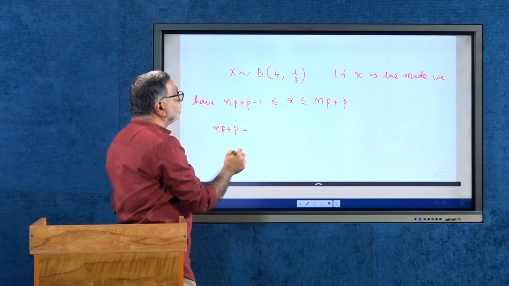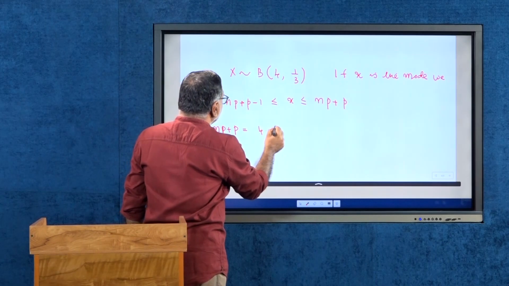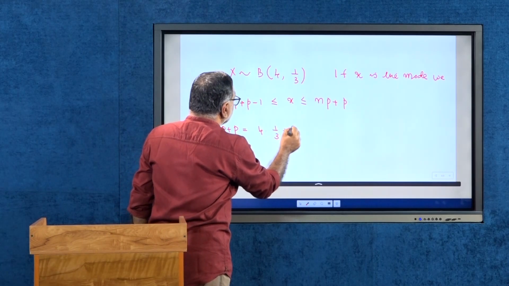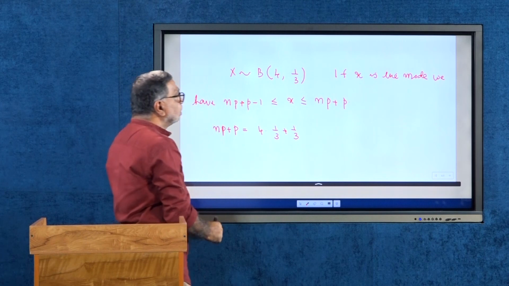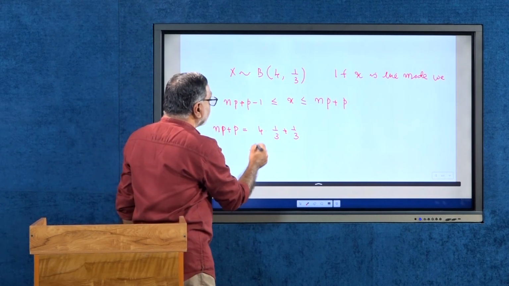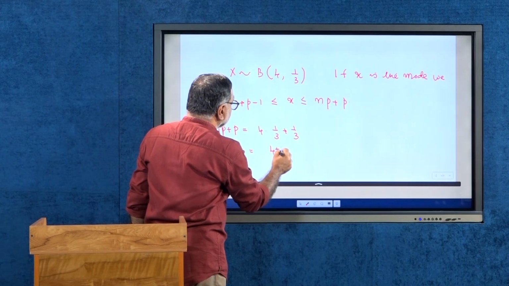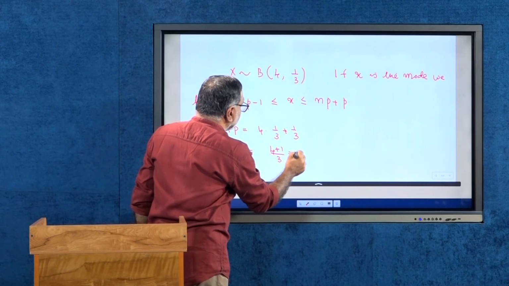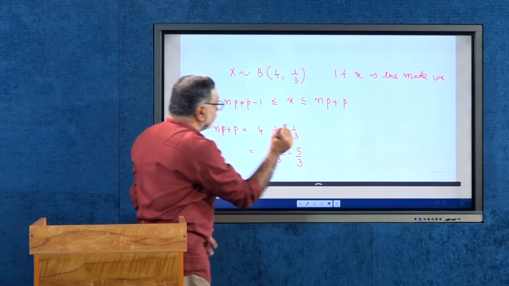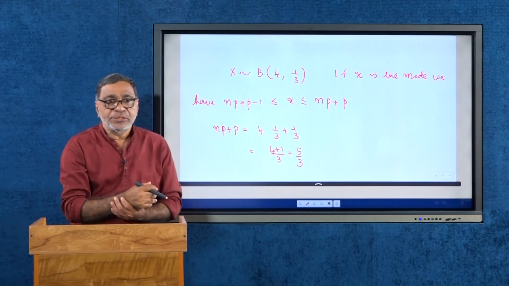Np plus p here is 4 into 1 by 3 plus 1 by 3. That is 4 by 3 plus 1 by 3, so 5 by 3. So, np plus p is equal to 5 by 3.